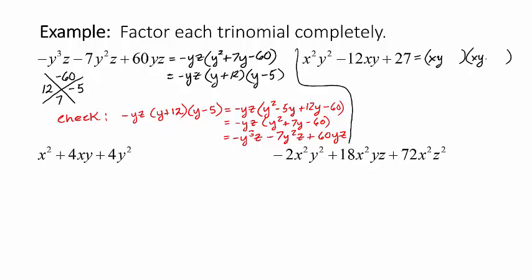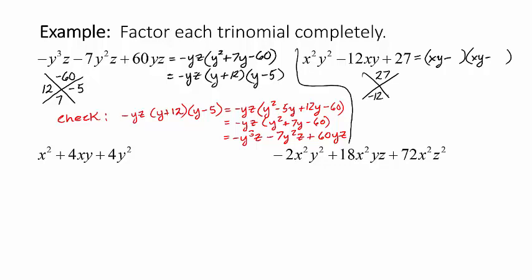Now, 27 is positive, right? So either they're both going to be positive or both negative. The numbers we're looking for are factors of 27. But the middle term is negative, right? So I'm voting that they're both negative. So now let's think about factors of 27 that add to negative 12.